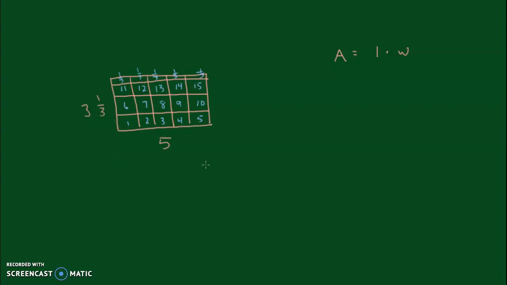So our answer, there are 15 total squares, and 1, 2, 3, 4, 5 of our thirds, 15 5/3. We could take these 5/3 and think about it as 3/3 plus 2/3. This 3/3 is the same as 1, so we could make that 1, which would give us 16, and we'd be left with 2/3. So 16 2/3.